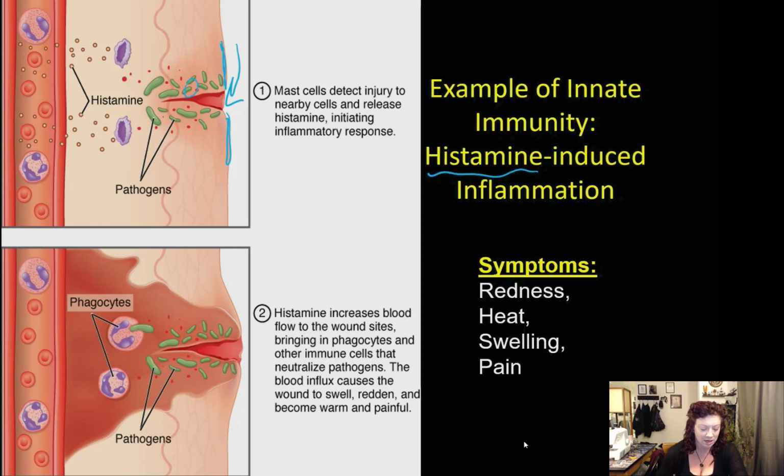Cells that are near the site of the injury can detect that the damage has been done, and these cells can actually release a chemical called histamine. And histamine, as it flows into the bloodstream, will initiate an inflammatory response.